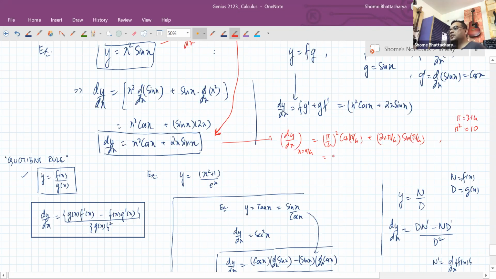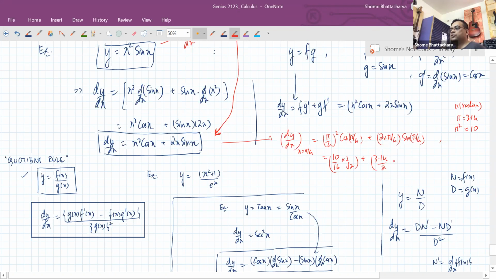So this will become nearly 10 by 16, into 1 by root 2, plus pi by 2. So that is 3.14 by 2. Is pi radians, no? Yeah, I mean pi is always radians. Okay. And radian is a dimensionless number, as you know, because it's arc upon radius, so it's dimensionless. So it's basically just a number.